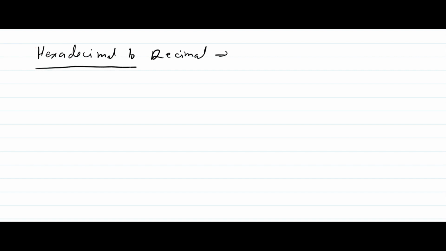We will follow the same rule that we applied for other number system conversions. Suppose I take an example of a hexadecimal number like this: 2a5 to the base 16. If I want to convert it into the decimal number system, what is the rule?